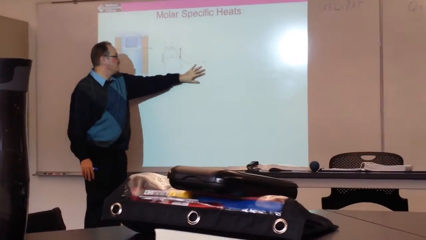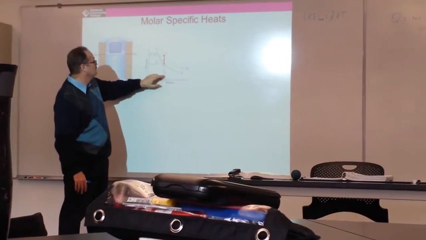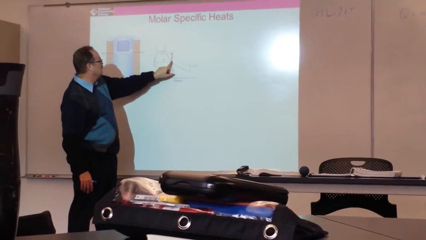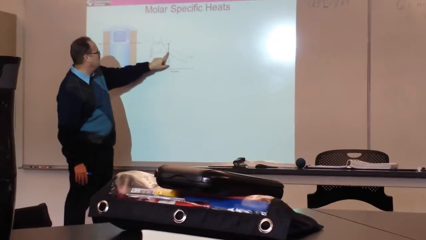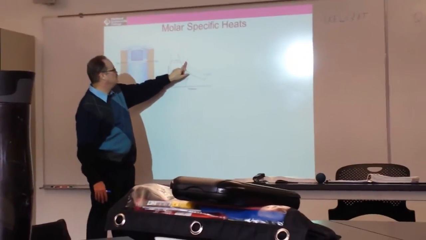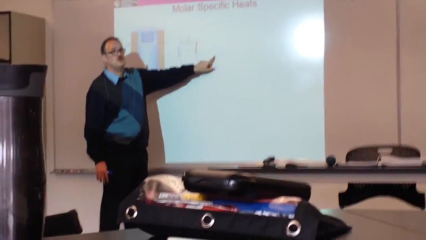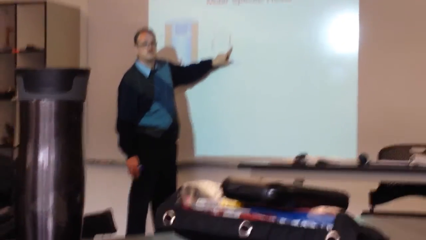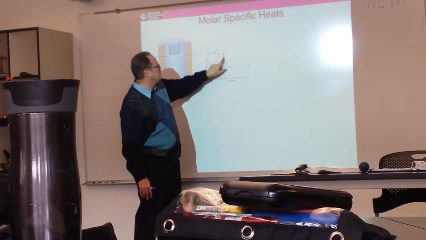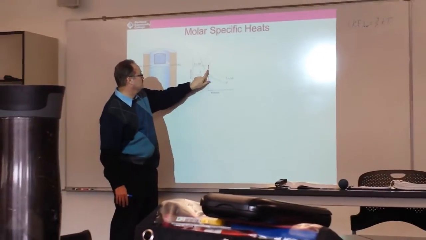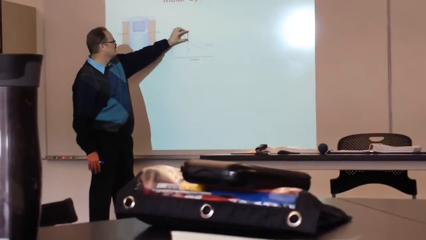Then if we look at this as a pressure versus volume graph, then we're going from this pressure and volume up to a new pressure and volume, up to a new point on a different isotherm, because the temperature increased. So we just change the pressure without changing the volume. Okay?